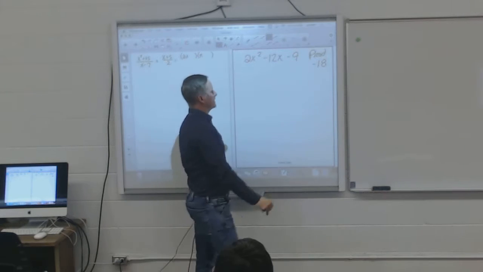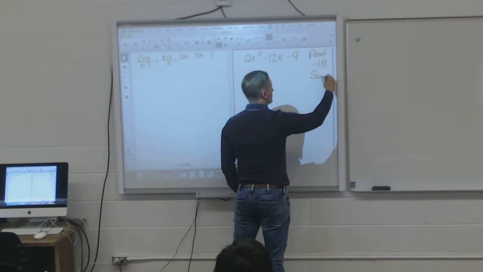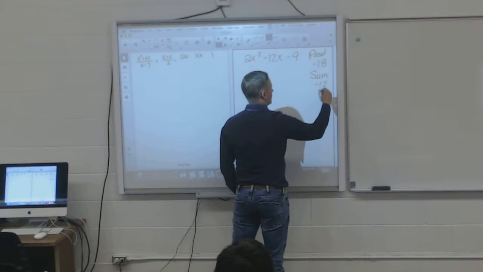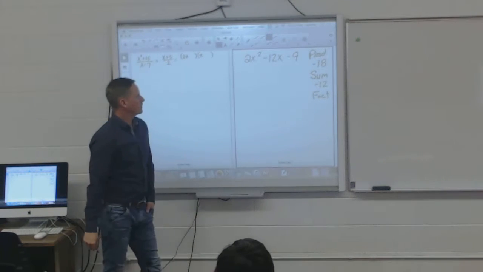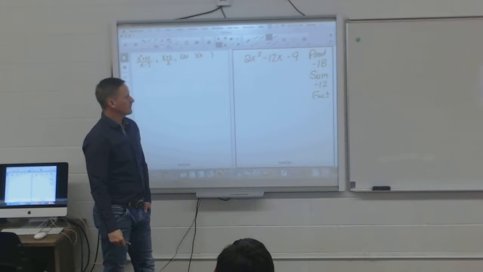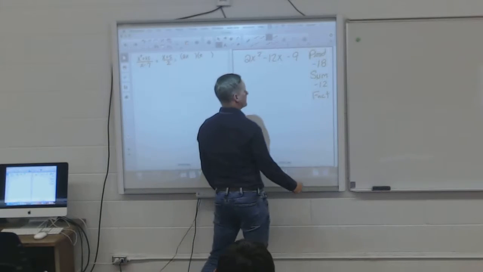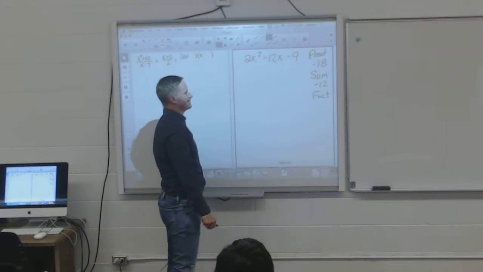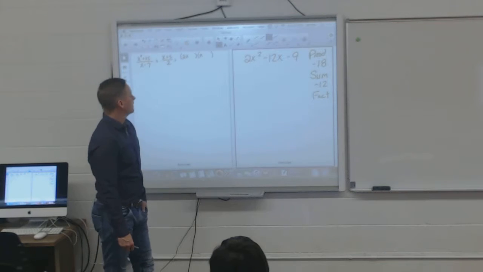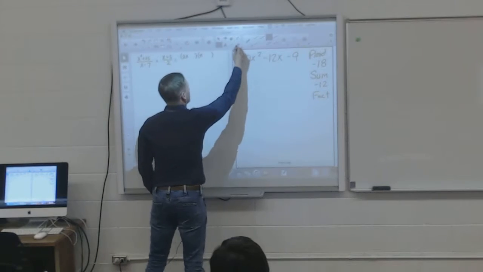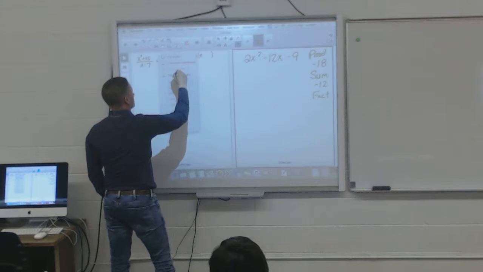My sum has to be negative 12, and are there factors of 18 that would give me negative 12? I think so. No? Doesn't look like it, does it? No? Okay, so, oops, I'm going to do this now.